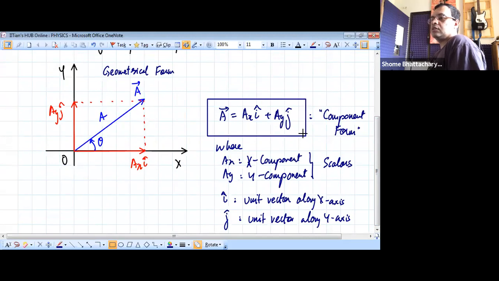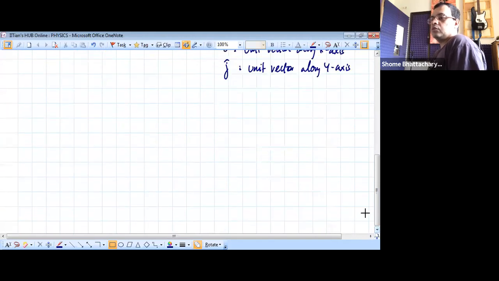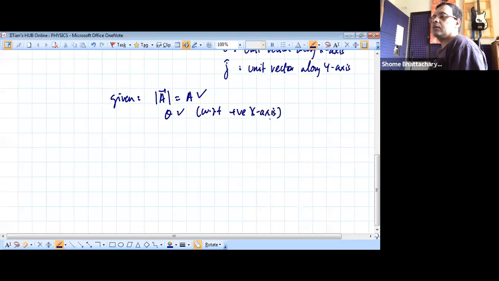Now what is the conversion between geometrical and component form or vice versa? So given the magnitude of the vector A is a known quantity and the angle theta with respect to positive x-axis, then we can find out these like this.